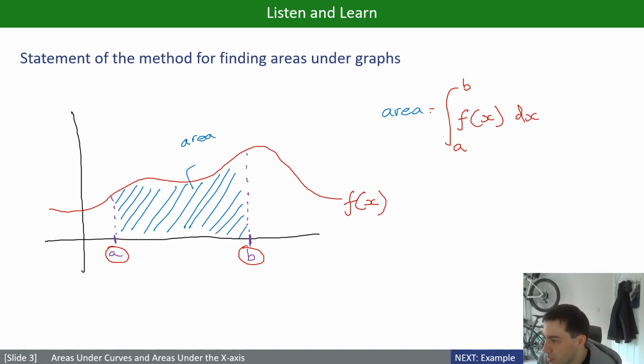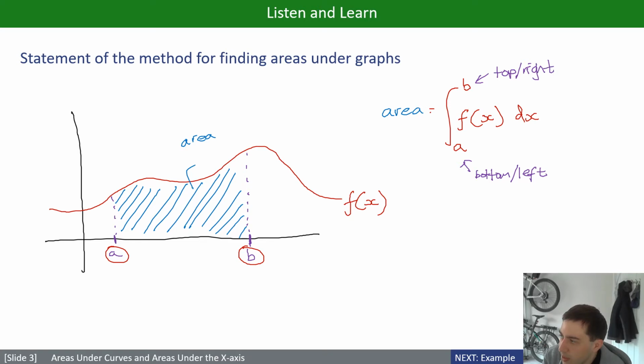So what I'm calling the bottom limit you could think of as the left limit, and what I'm calling the top limit, you can think of as the right limit. So the number going on the top is the same as the number that was on the right on the x-axis, and similar rule for the A limit there.